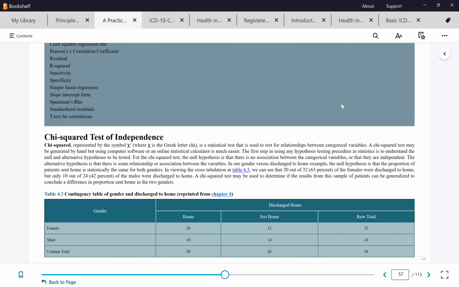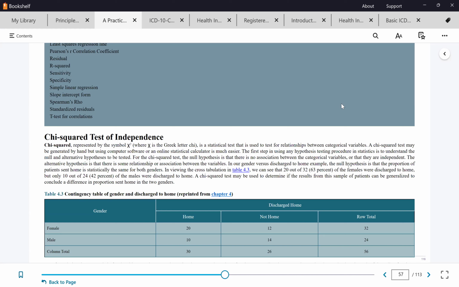Rather than be intimidated by what these things like chi-squared is, if this stuff appears to be challenging, read the first and last sentence in each paragraph.